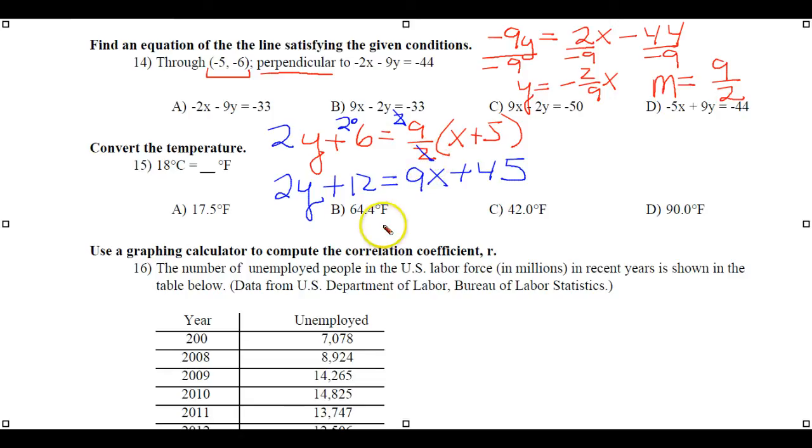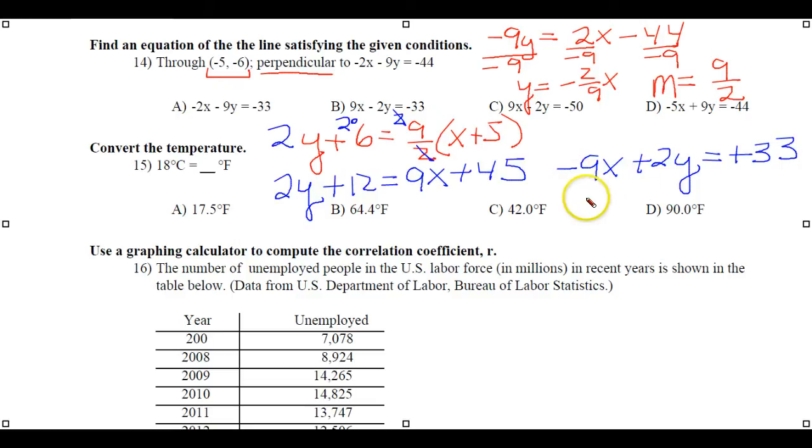We're going to transpose the 9. Let's do it over here. Negative 9x plus 2y. And we're going to subtract 12 here, subtract 12 there. This gives us a positive 33. Again, as we look up here, we don't see any that are like this.